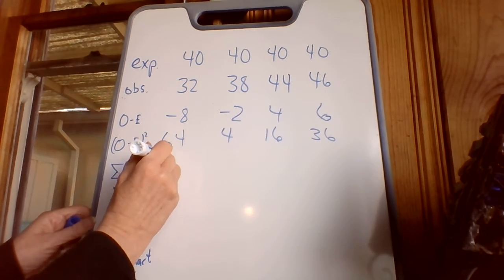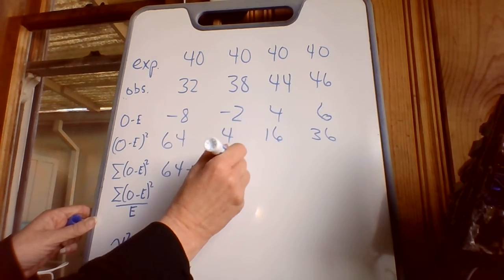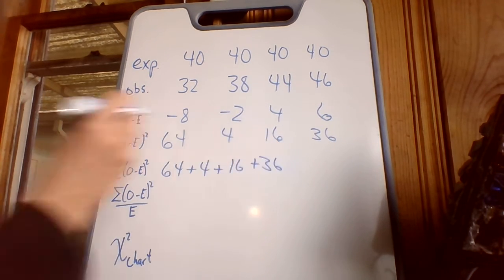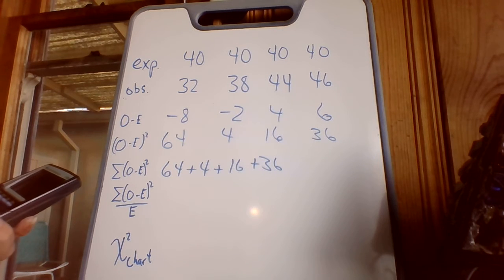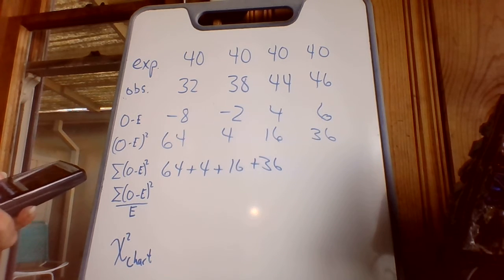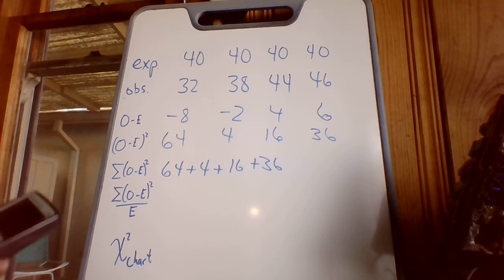Then it says I'm supposed to take all of those numbers and add them together. All right, so let's see. 64 plus 4 plus 16 plus 36.